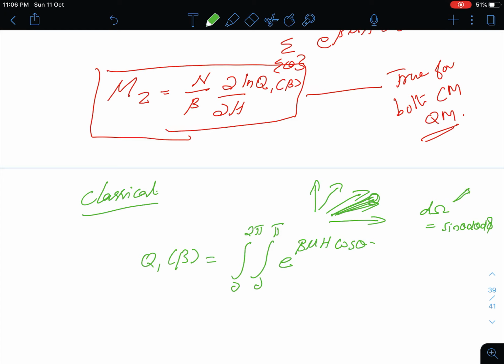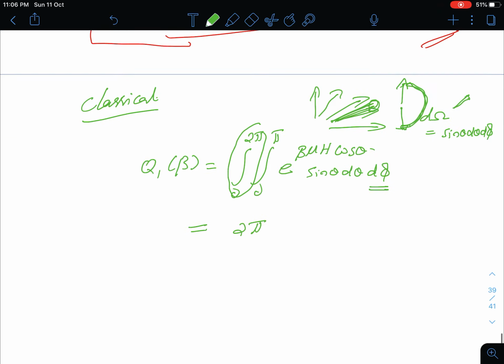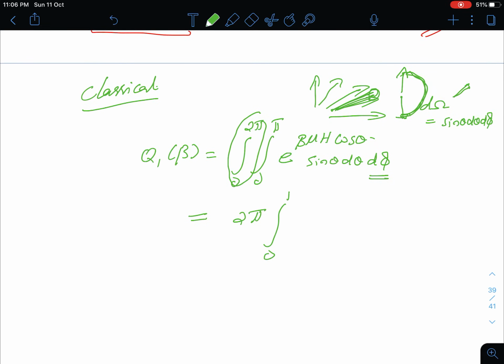So the d phi changes from 0 to 2 pi, since it can orient in any direction, and theta changes from 0 to pi. The d phi integration is straightforward, so it's simply 2 pi, then integral 0 to pi e raised to beta mu h cos theta sin theta d theta.